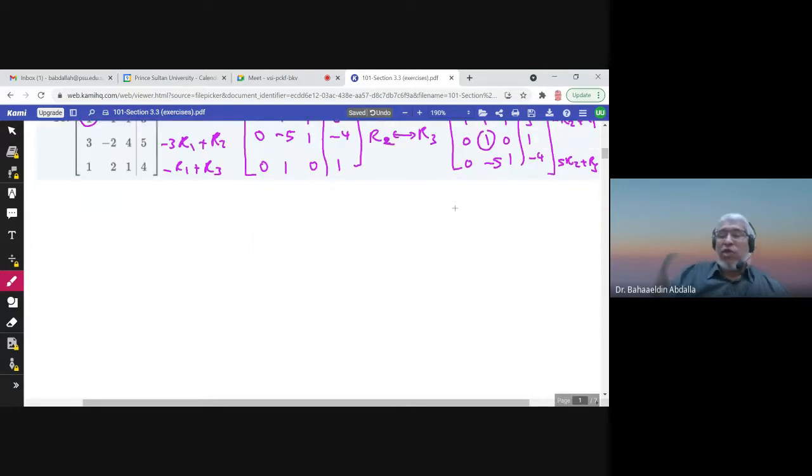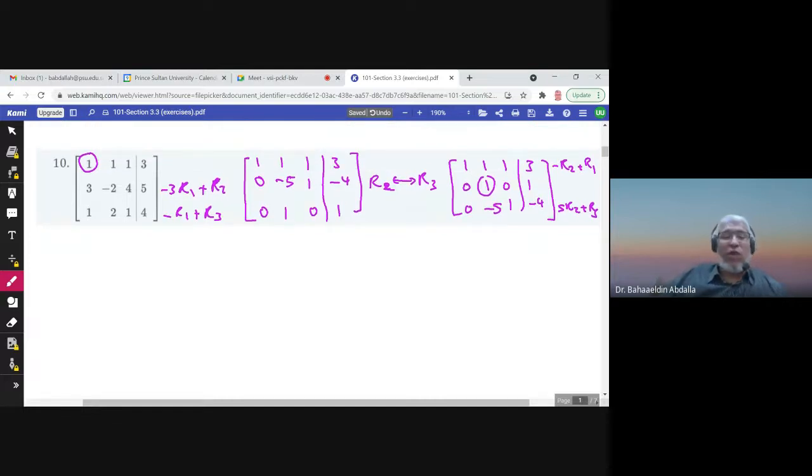These two operations will replace row 3 and row 1. Negative row 2 plus row 1. Five row 2 plus row 3.